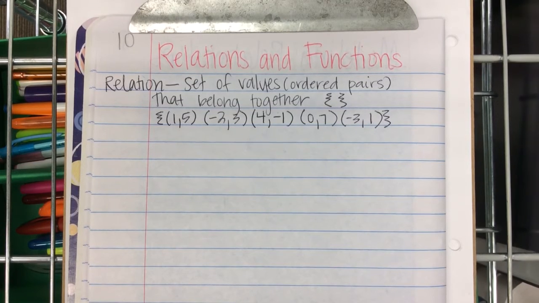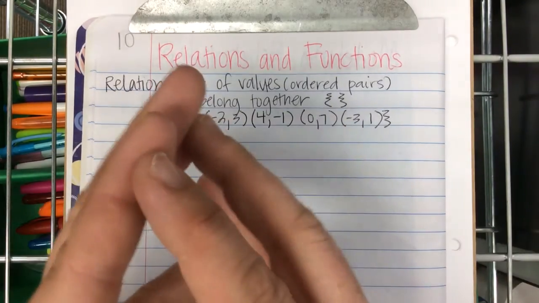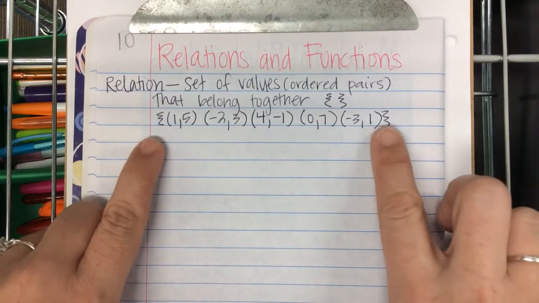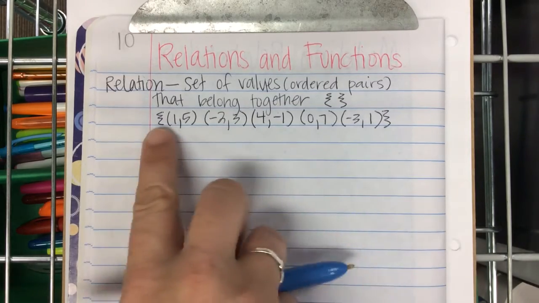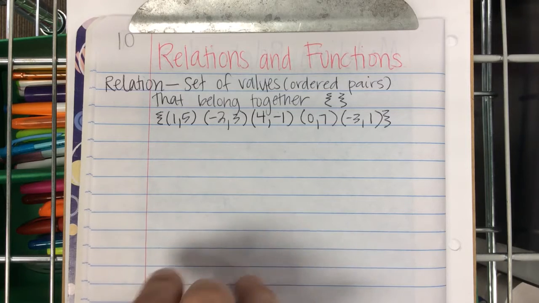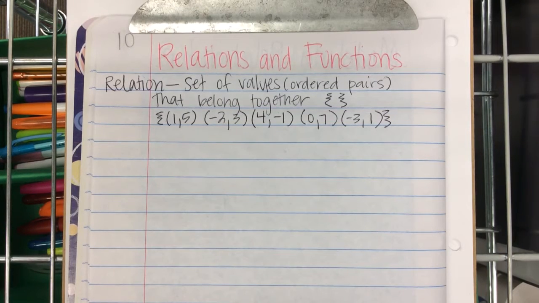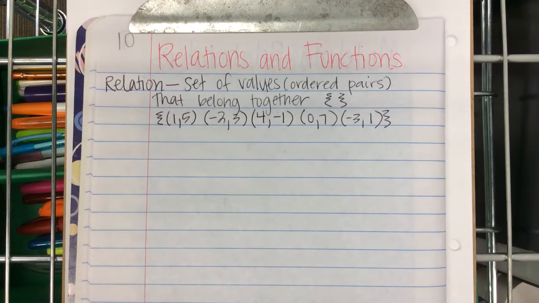And I know those are a relation because they're ordered pairs and they're written inside these brackets. If they were just listed and didn't have these brackets, I wouldn't be sure if they all belong together. But I know that these belong on the same graph together and they have some type of relationship. Just because of these squiggly brackets.